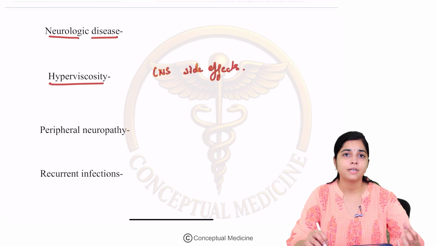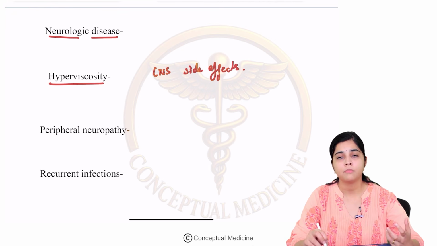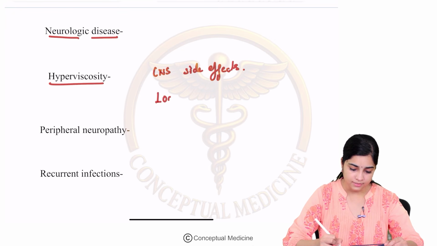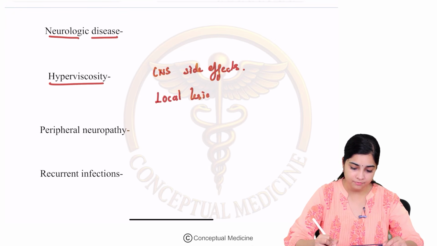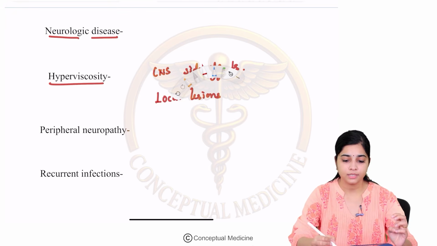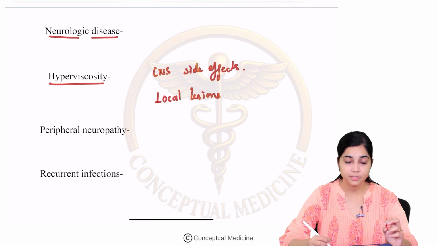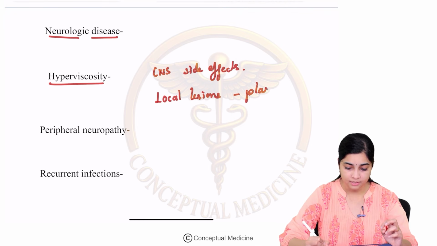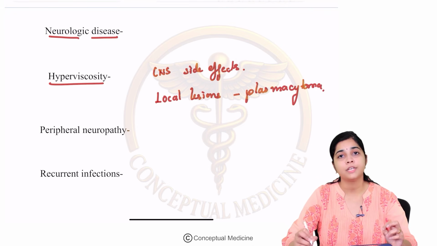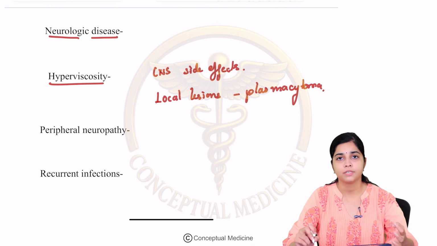Also, multiple myeloma can present in the form of local lesions, where the myeloma cells organize and grow in the form of tumor-like lesions, which we call plasmacytomas. Now, these plasmacytomas are very frequently found in the skull and the vertebrae.